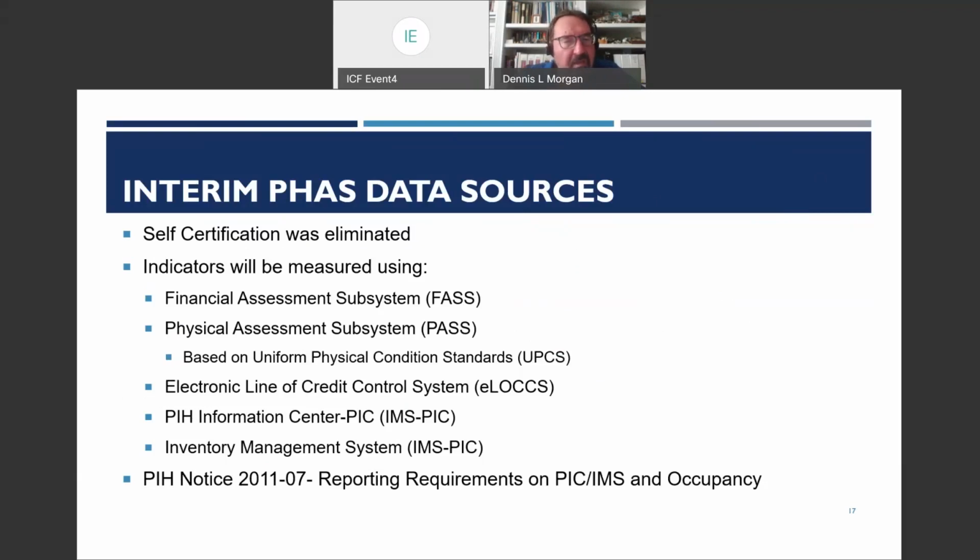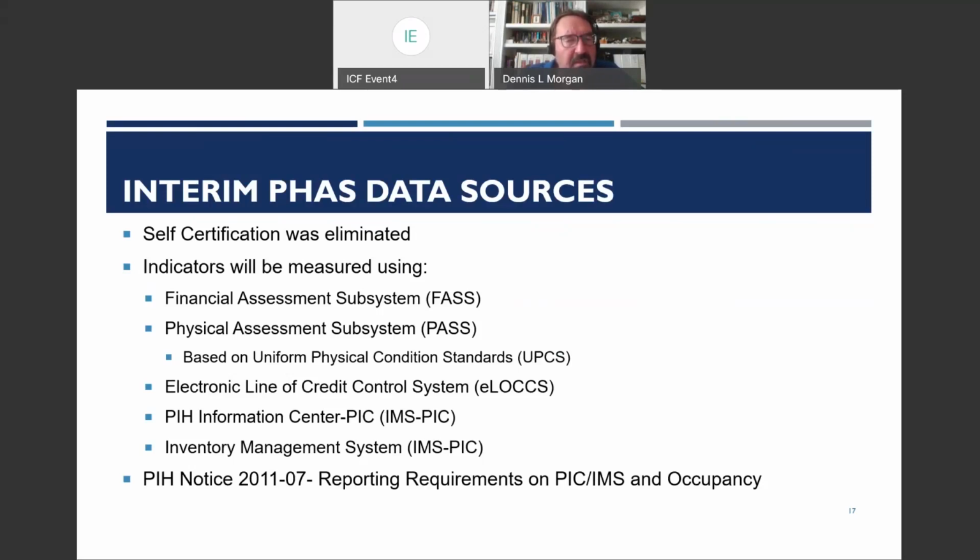And everybody in the agency would also need to understand, or at least the maintenance side or the management side and your inspection side, needs to understand UPCS because it goes to the heart of the scoring system. And we're going to take you deep into that world when we go into the world of PHAS as well. It realigns or aligns you with ELOCCS.